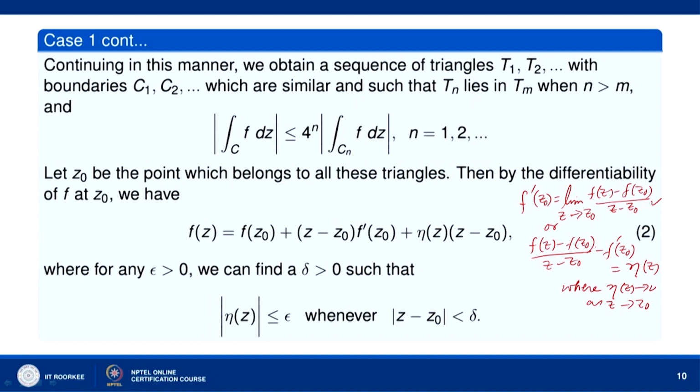This can be alternately written like this, and this gives f(z) equal to f(z0).